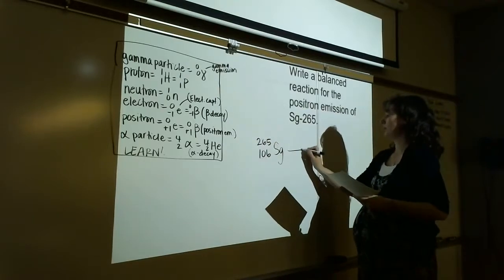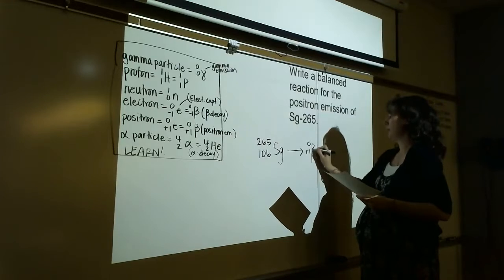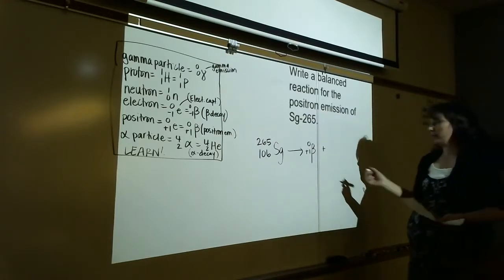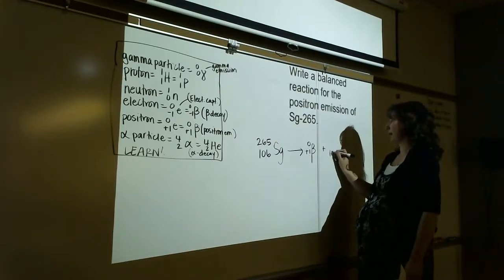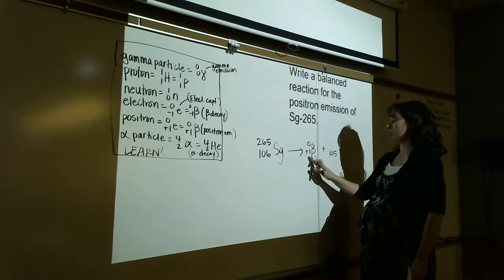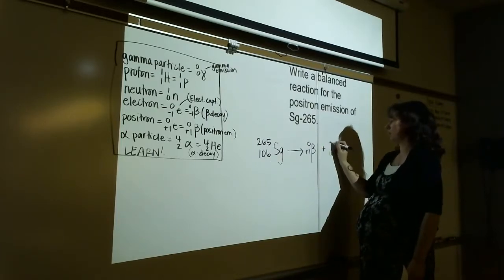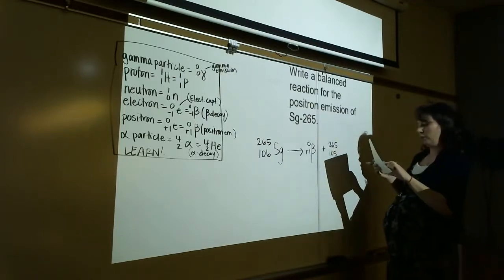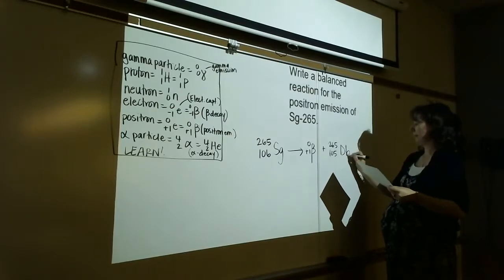Okay, so we produce 0, plus 1, beta, and we need to follow the law of conservation of mass. If this is plus 1, this one needs to be 105, right? Because 105 plus 1 is 106. This is 0, so the mass number doesn't change, so 265. And element number 105, same as last time.